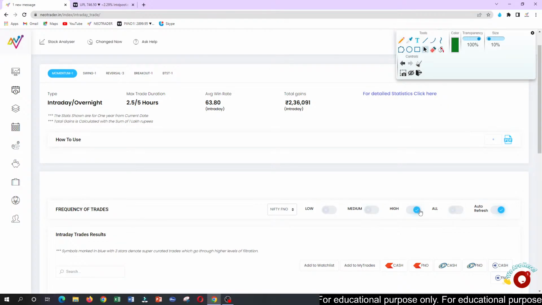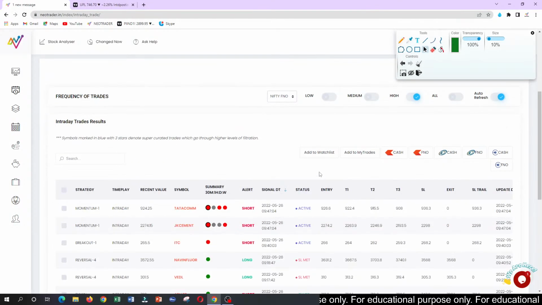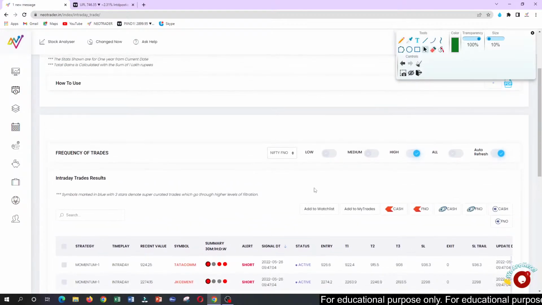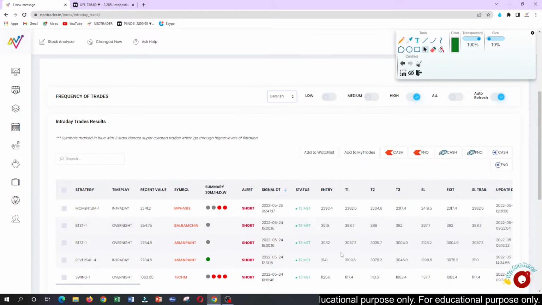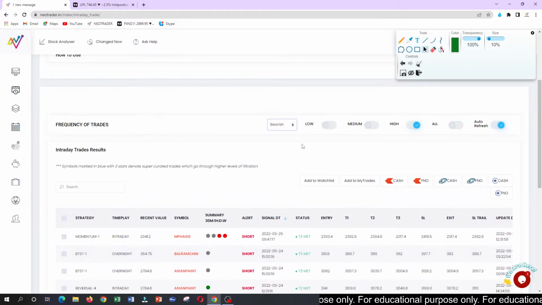I think high is enough for today. Now, I can see that many trades have been generated. But since today is a bearish day, I want to look for short signals. I want to choose my bearish watch list and see whether any trade came. No. There is no trade that has come today from my bearish list. So I don't want to take anything from this page today.